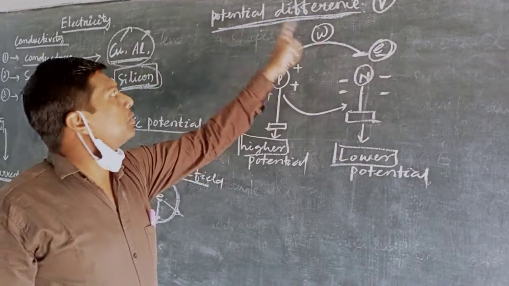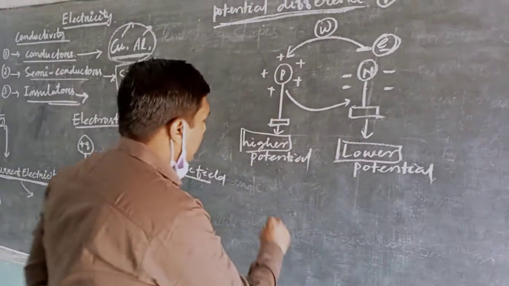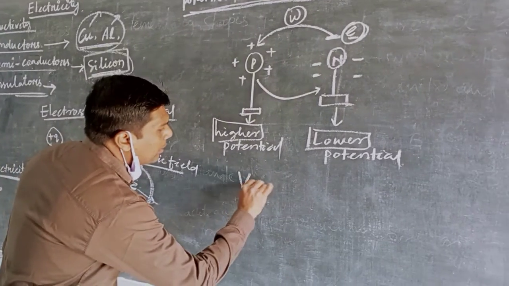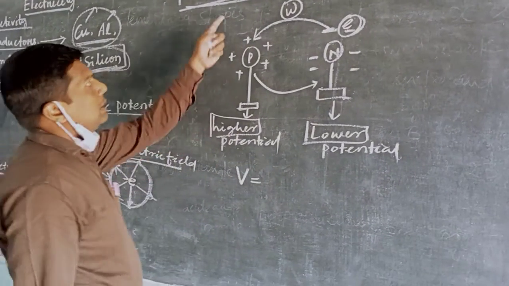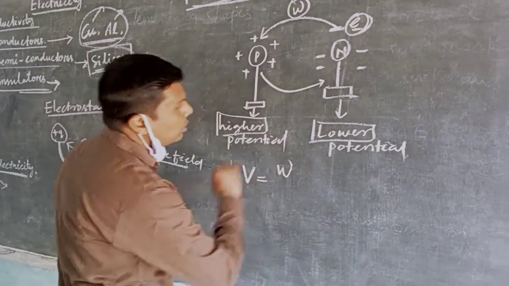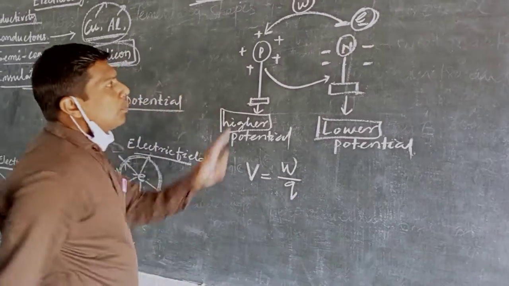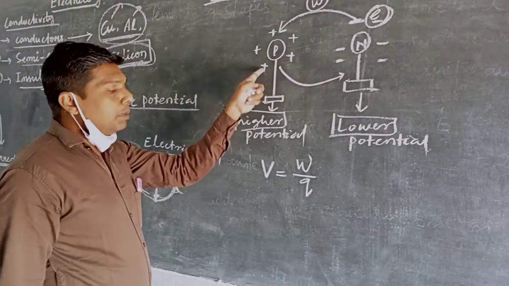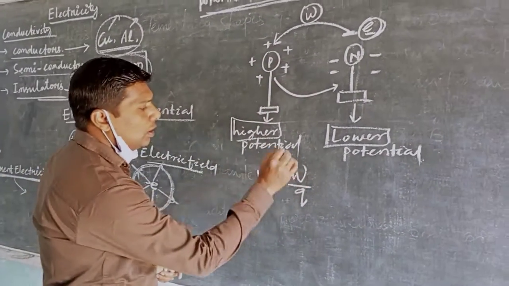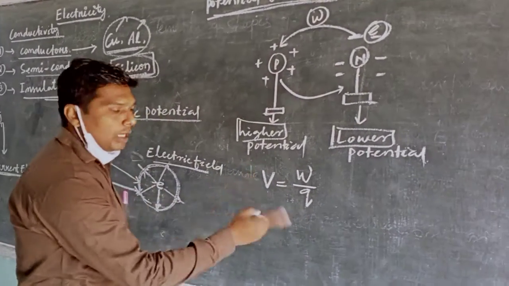This work is known as potential difference, denoted by V. It is the work done to move a unit positive charge from one point to another point.